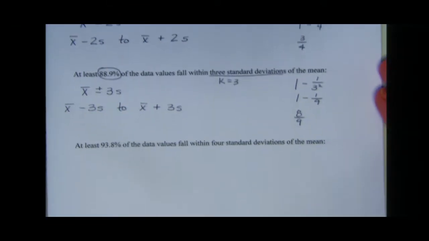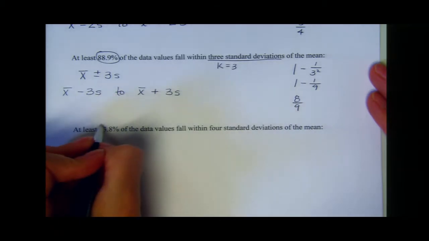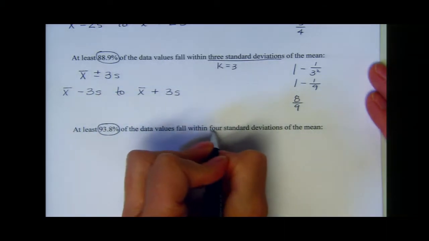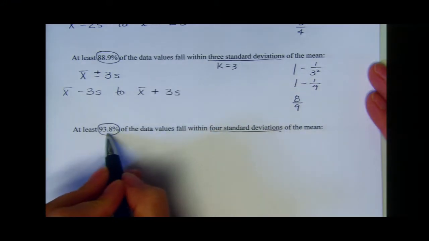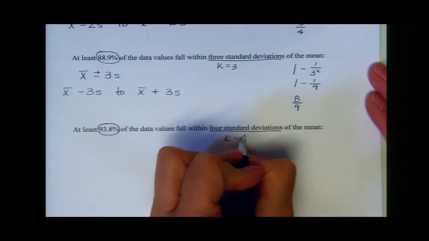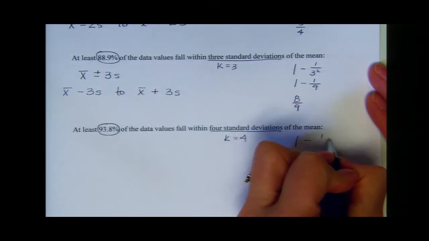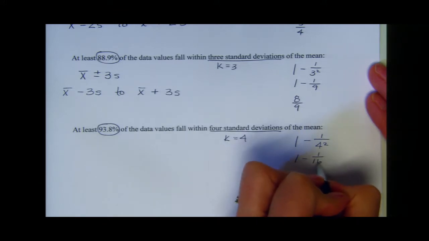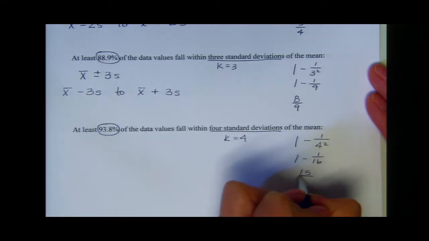And then lastly, the theorem said, okay, 93.8% of the data falls within 4 standard deviations. And where this 93.8% came from is by taking the theorem 1 minus 1 over 4 squared, which is 1 minus 1 over 16, or 15/16.